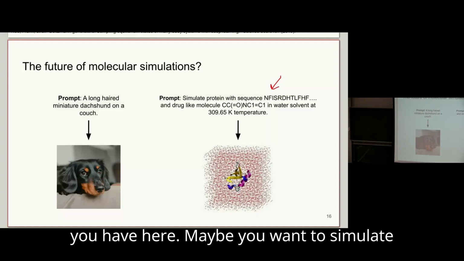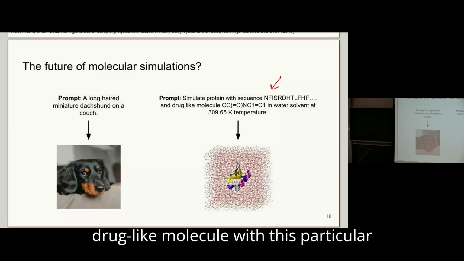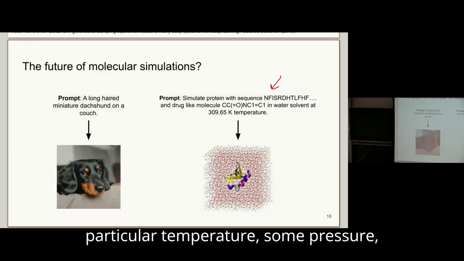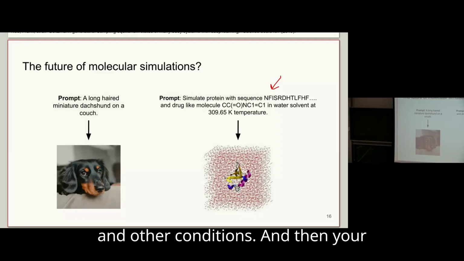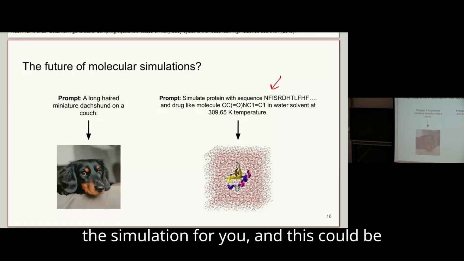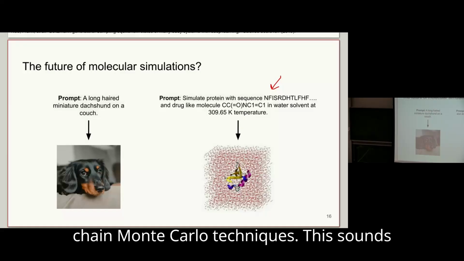Maybe you want to simulate a protein with this sequence, and a drug-like molecule with this particular structure in water at some particular temperature, some pressure, and other conditions. And then your generative AI method is going to generate the simulation for you, and this could ideally be faster than running the Markov chain Monte Carlo techniques.